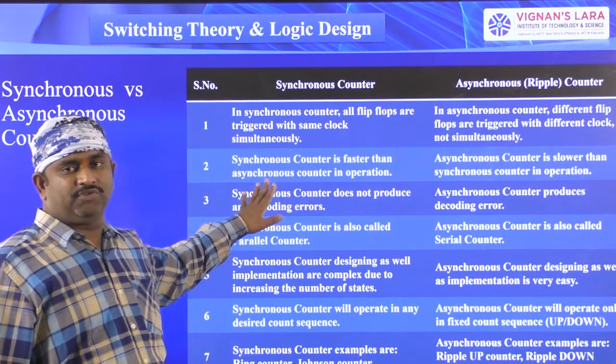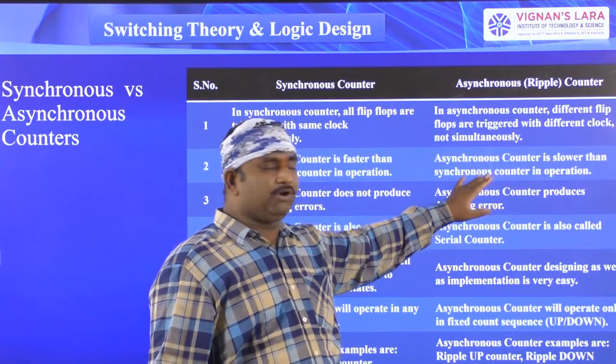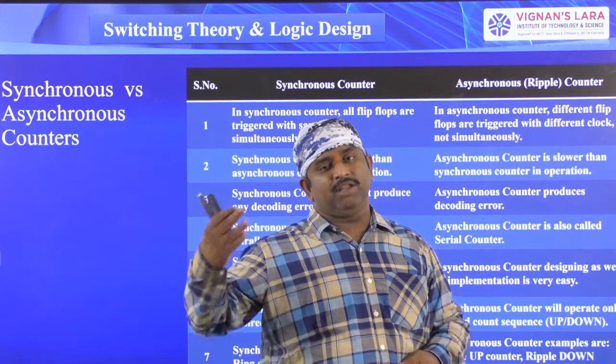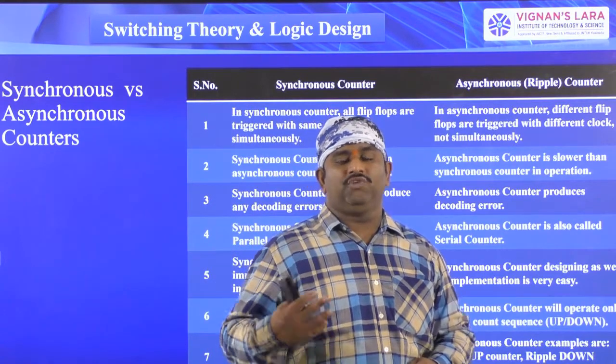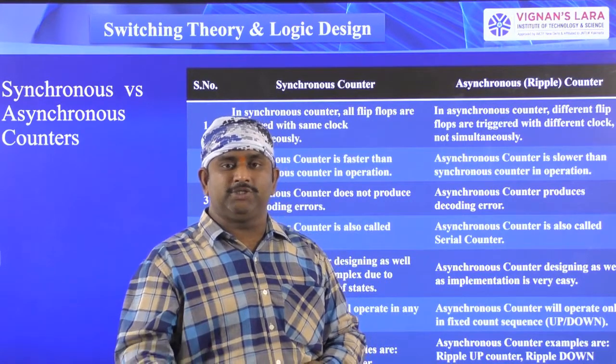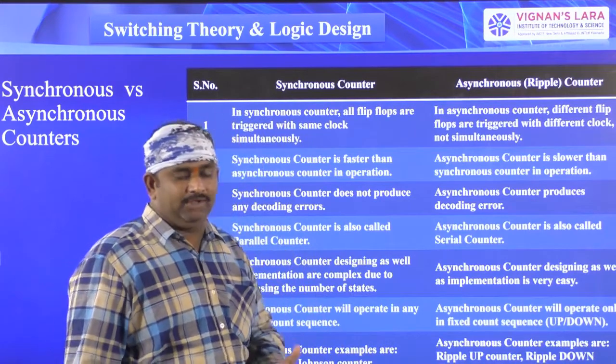It is very fast compared to the asynchronous counter, but asynchronous counter is very slow compared to the synchronous counter operation. Why? Because it depends upon the previous flip-flop output. All the flip-flops' clock signals completely depend upon their previous flip-flops' output behavior.